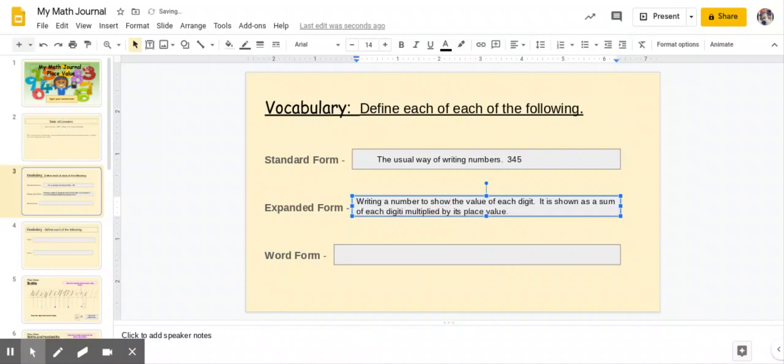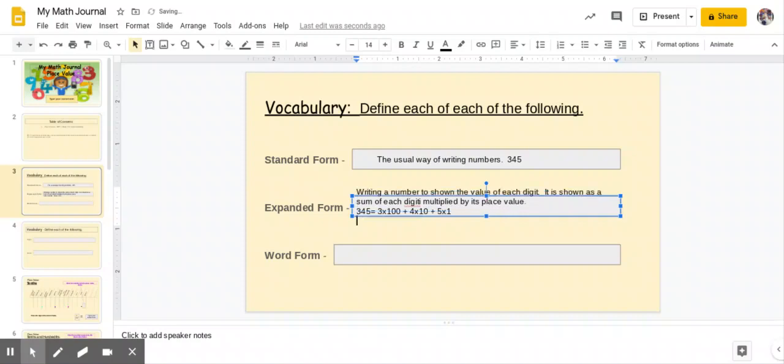So, for example, our number 345 is equal to 3 times 100 plus 4 times 10 plus 5 times 1.